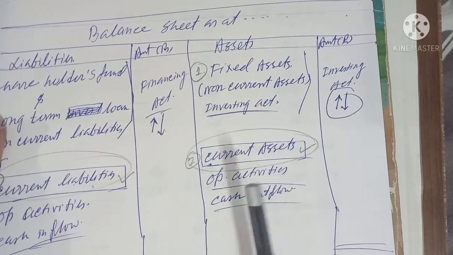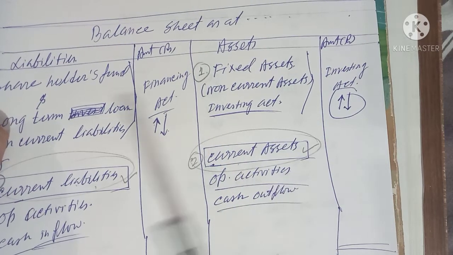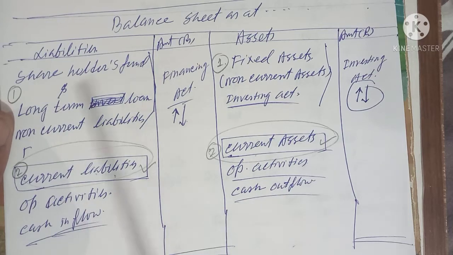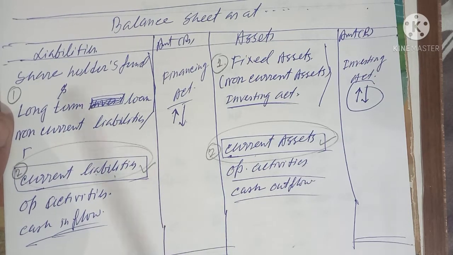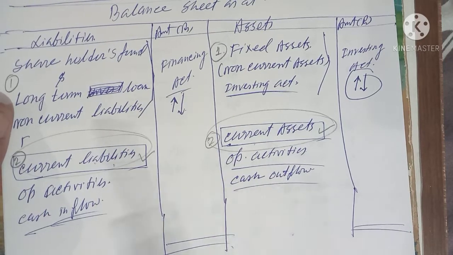If any transaction causes a current asset to increase or decrease, or a current liability to increase or decrease, that type of transaction will also be considered an operating activity, because this is called cash equivalent.